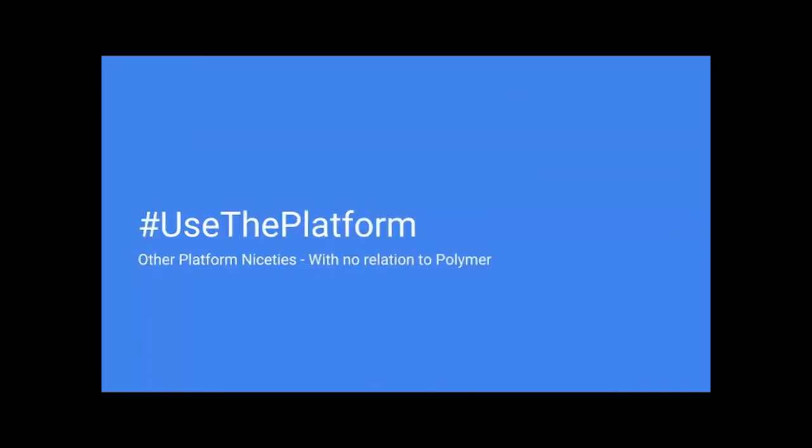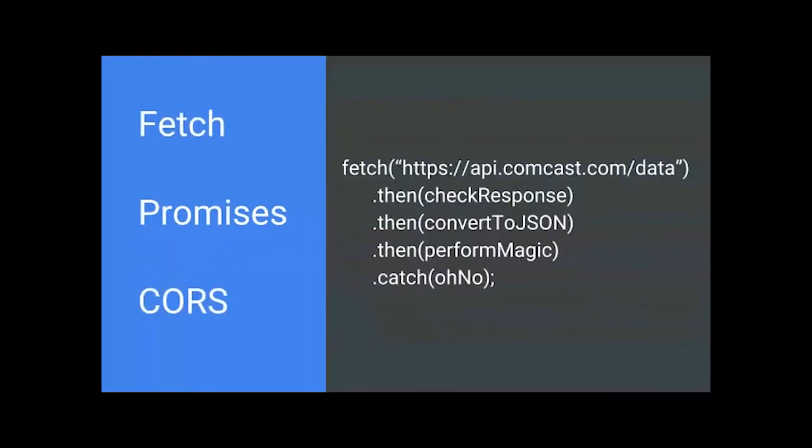So other things that we're taking advantage of, and this again is use the platform. This has no relation to Polymer. You can use this without Polymer. Fetch is like the new $.ajax. Promises: if you're not using promises or don't know what promises are, definitely check out my other talk. You definitely need to know promises, especially with ES6. It's all about promises.